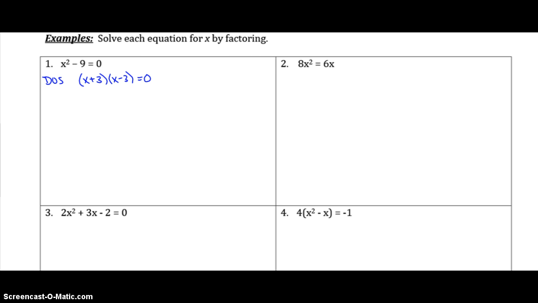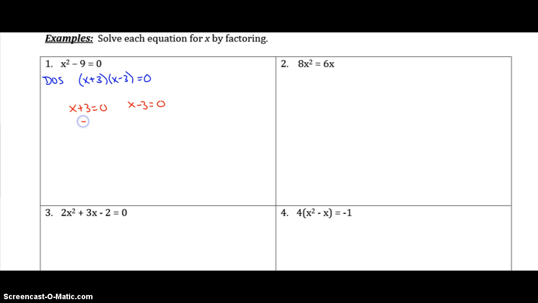Alright, so you factor your difference of squares. Step 1. Step 2. You take your first term, set it equal to 0. You take your second term, set it equal to 0. Next step, solve each of these equations for x.